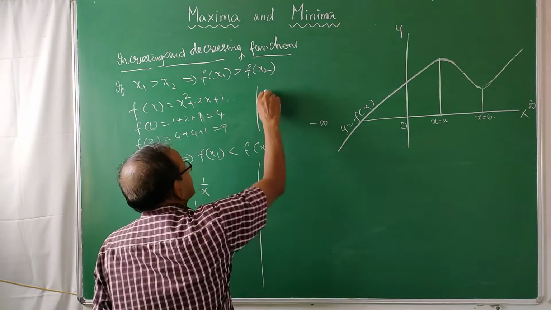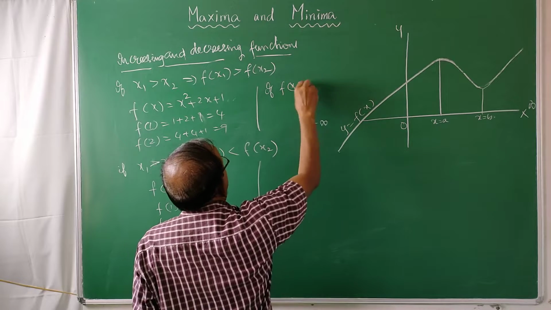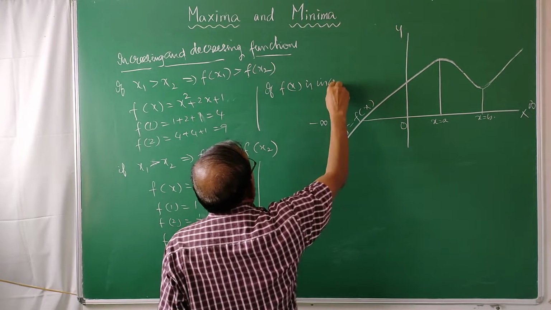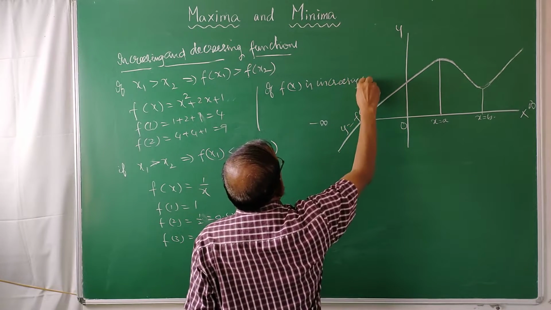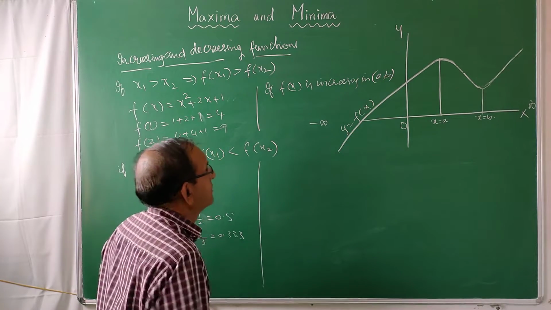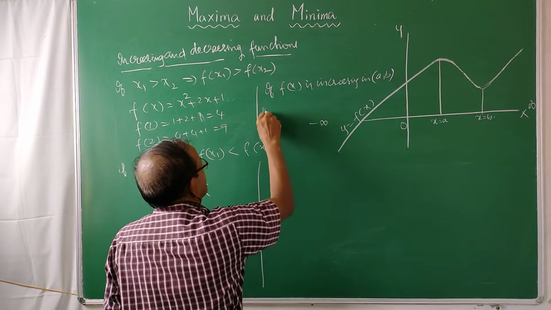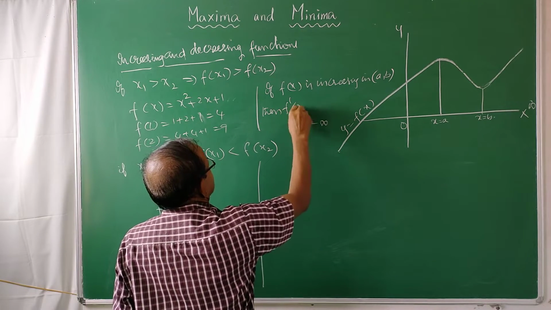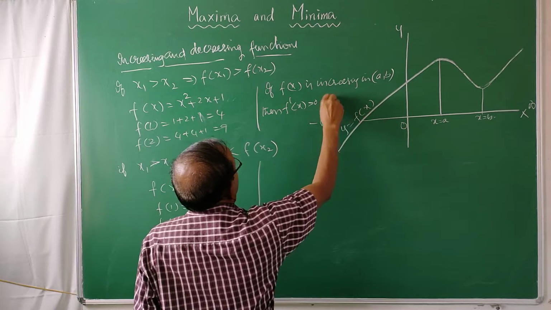Now, if f(x) is increasing, suppose in the interval a comma b, for example, not in that diagram, then f dash x is positive in a comma b.